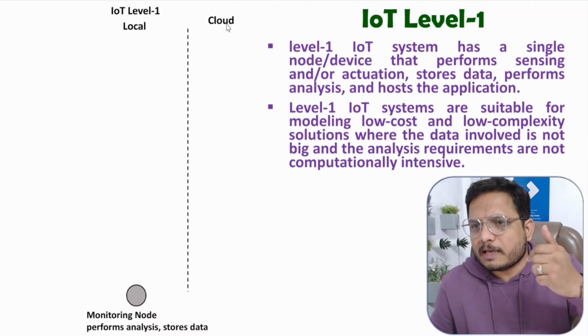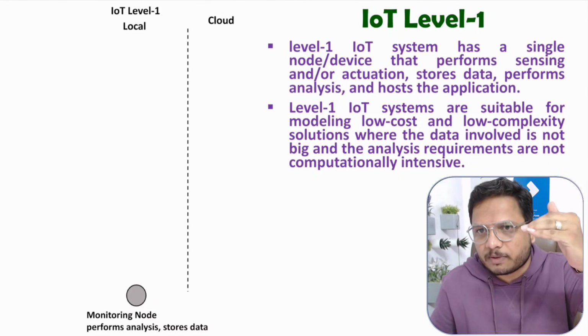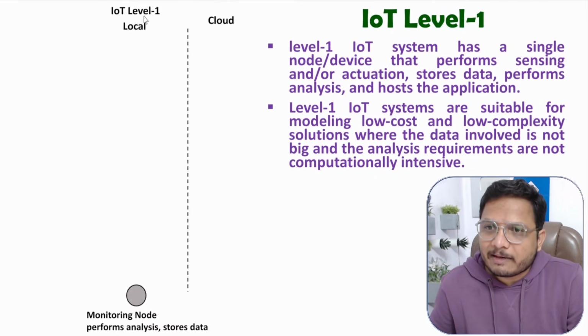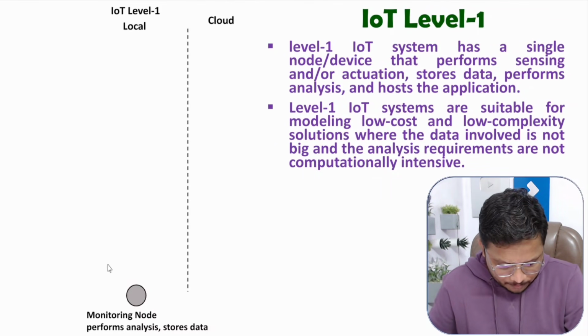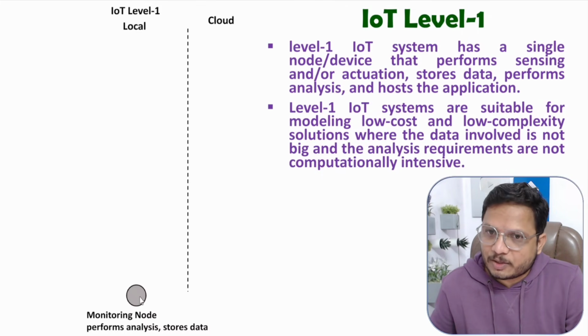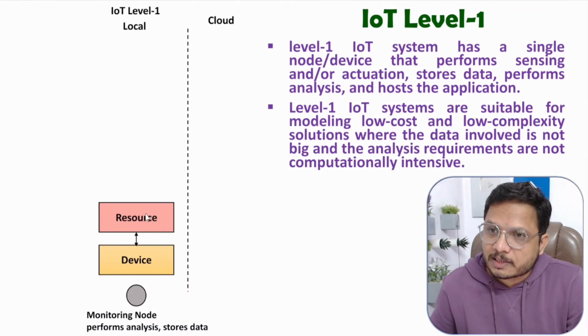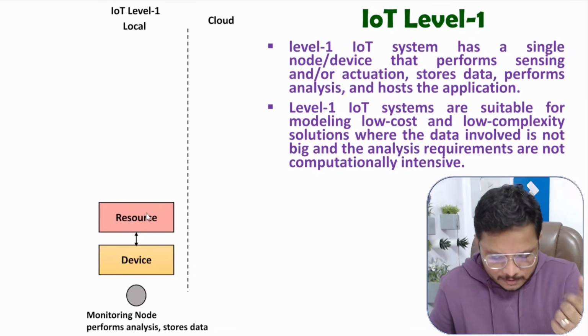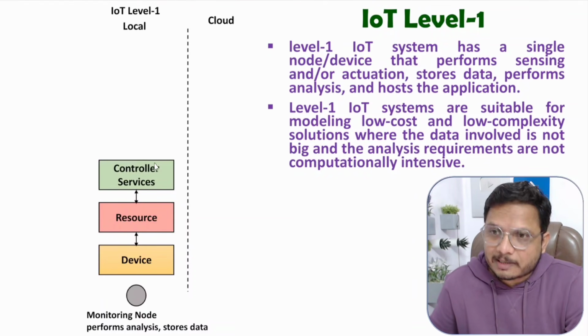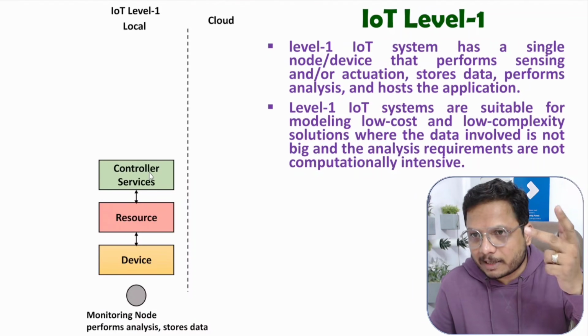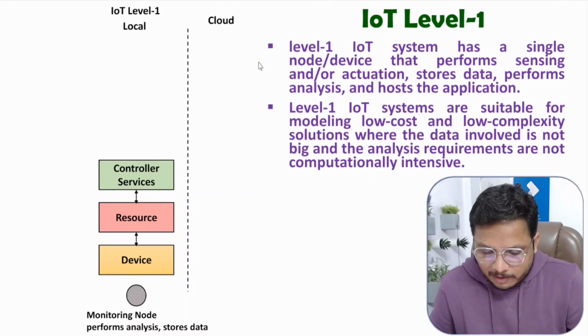Things on the cloud means things will be there as per internet services, and here physically devices will be there, right? So here we'll be having one node that will be having sensors and actuators, right? So the device will be connected with resources. Resources means software, and then there will be controller services which will be connecting it to the internet. That is a single node only with level 1.